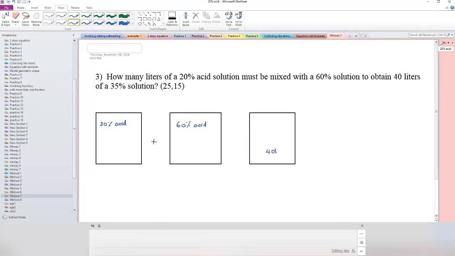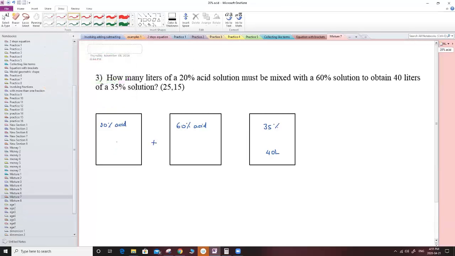So here I have the quantity of a 35% solution. You see right away the question, how many liters of each? The question here is clear, I don't have the amount. So here it's unknown, here it's unknown, here it's known.